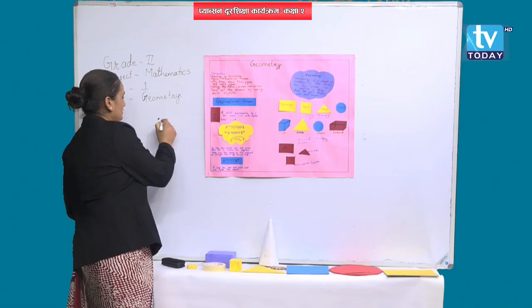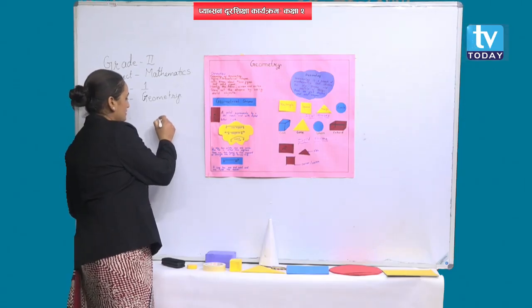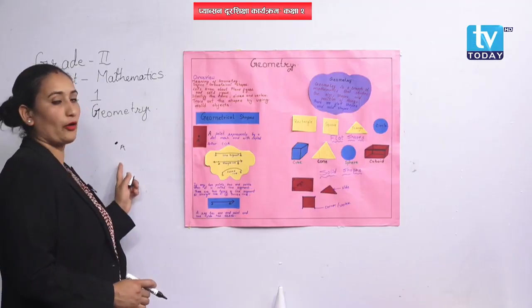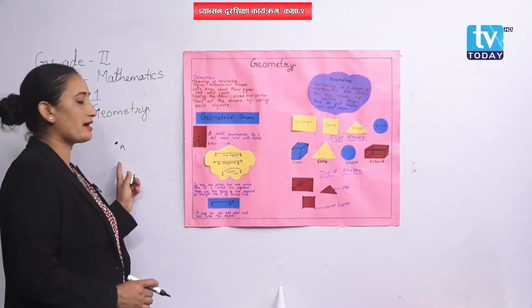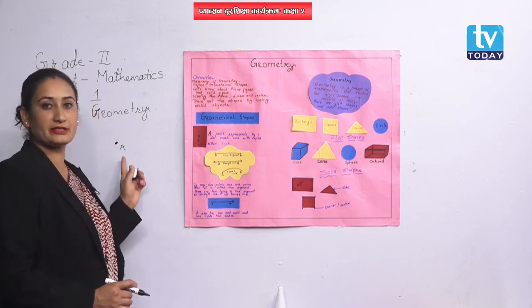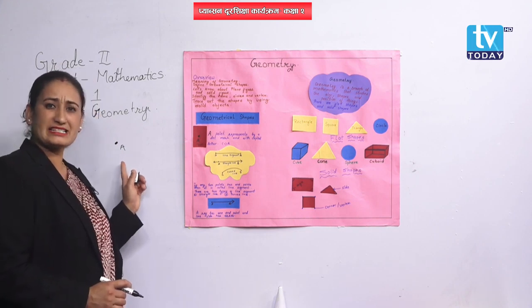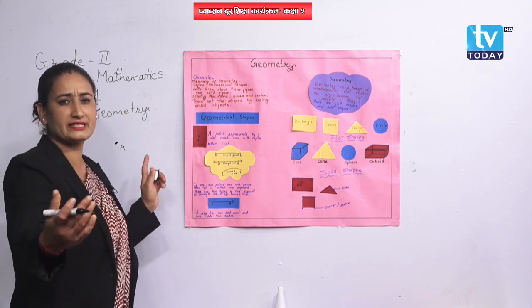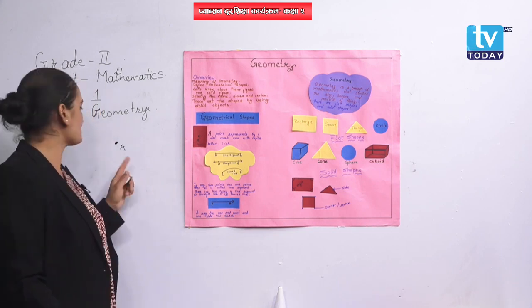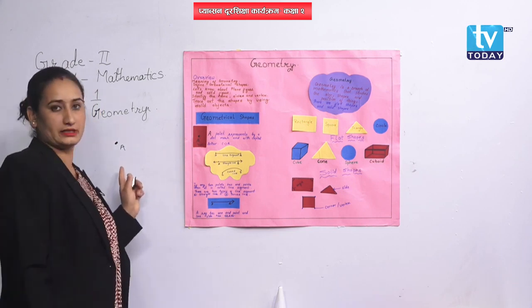This is a single dot. This is a point. It is represented by a dot mark and written with a capital letter A. I am writing here. You can write B, C, whatever you like. It's called a geometrical shape. Also, it's called a dot.